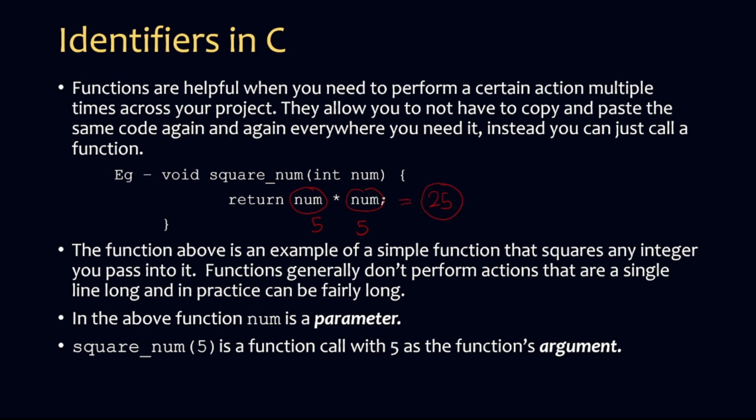Now that's the output of this function call, which can be stored into a variable called square num here equals square num 5. Now num is 5, 5 into 5 is 25. So square num gets the value 25. Why does it get the value 25? Because we are returning this.